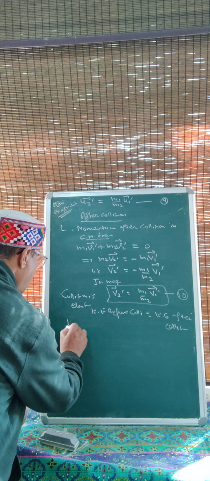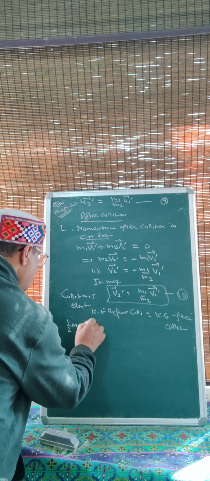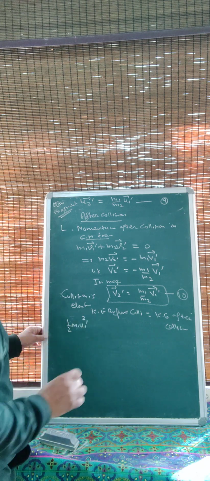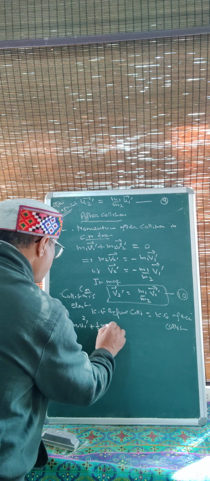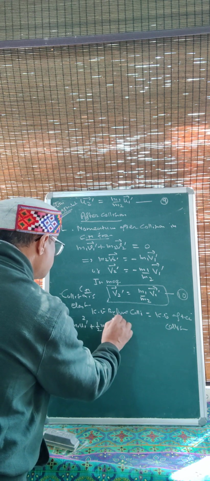Now apply the equation. It says half m1 u1 dash square plus, remembering we are talking about the center of mass system, half m2 u2 dash square.